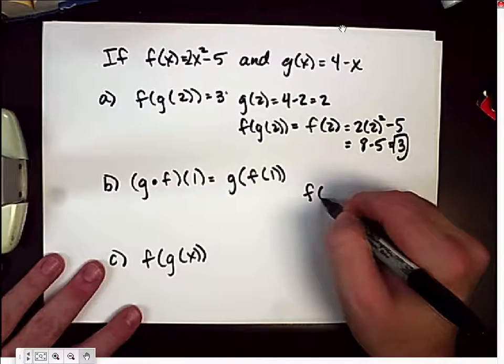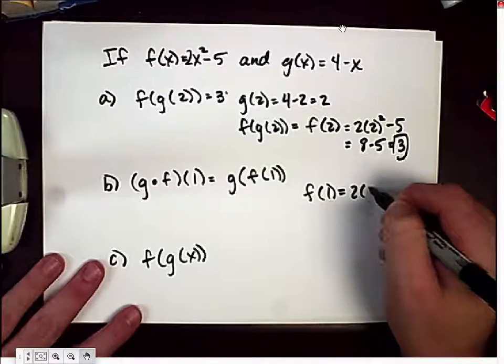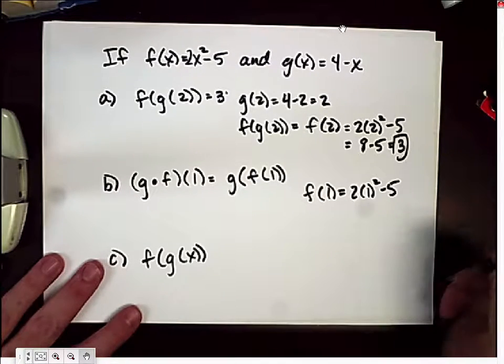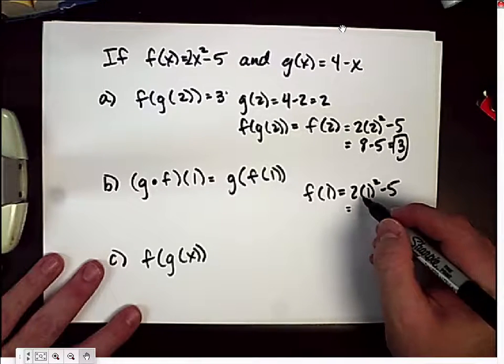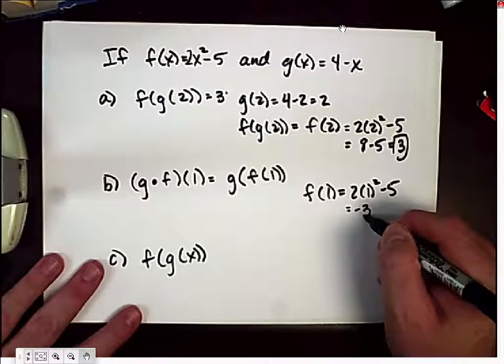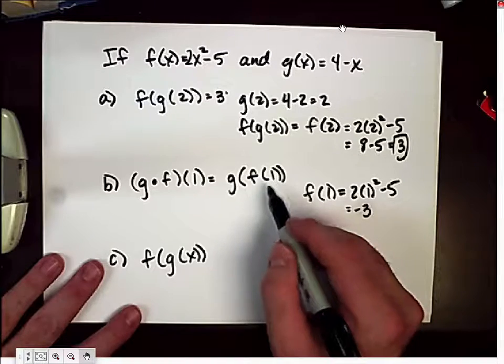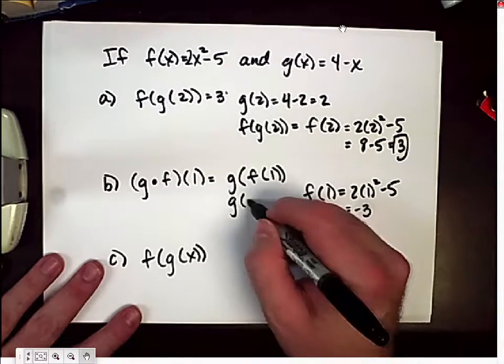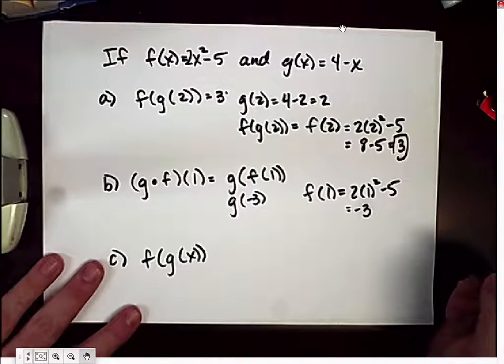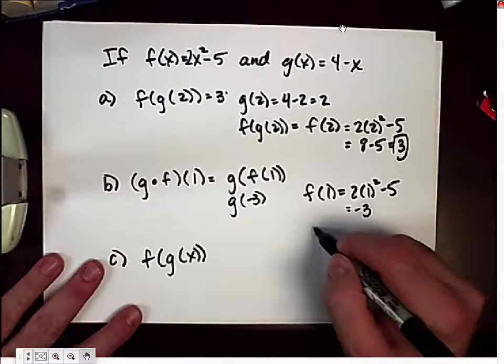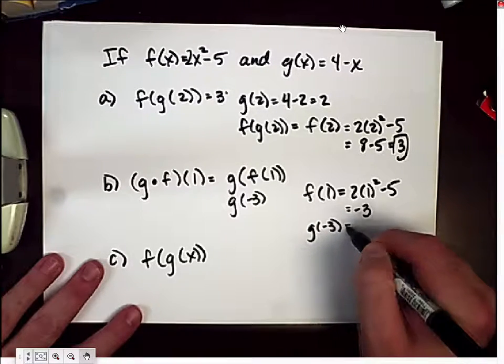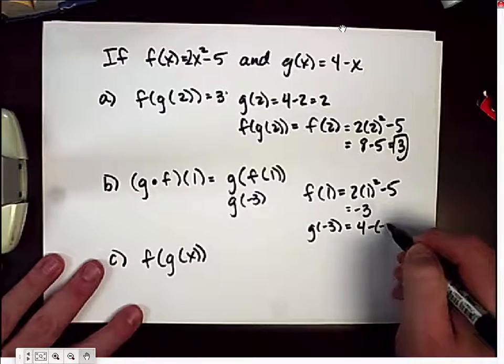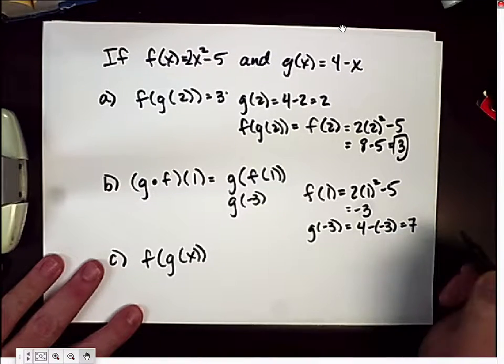So f of 1 would be 2 times 1 squared minus 5. So that would be 2 minus 5, which is negative 3. So in place of f of 1, we can write negative 3. Then it's simply g of negative 3, which is 4 minus negative 3, which is 7.